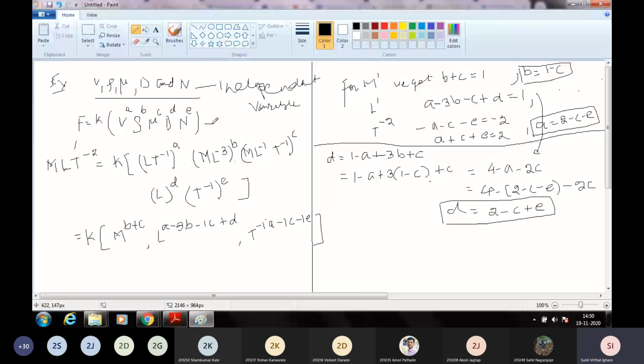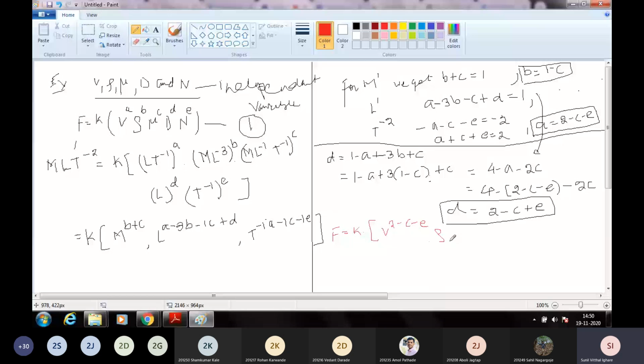So here F is equal to K into V raised to power A. A means what? That is 2 minus C minus E. Then rho raised to B. So how to write B?